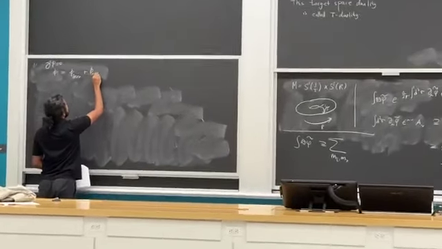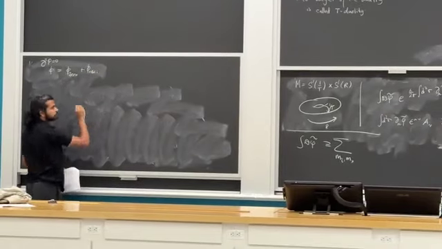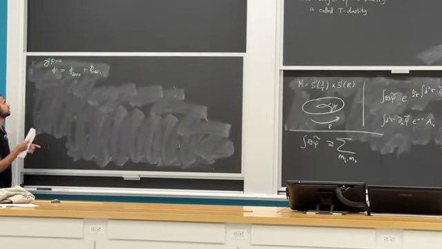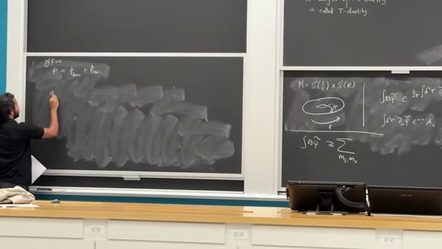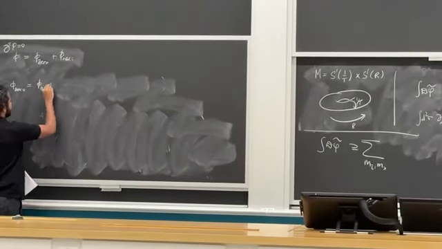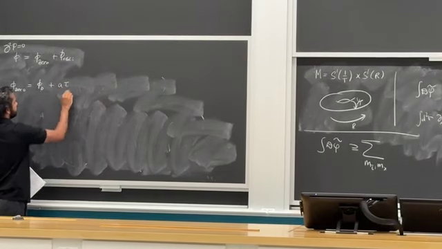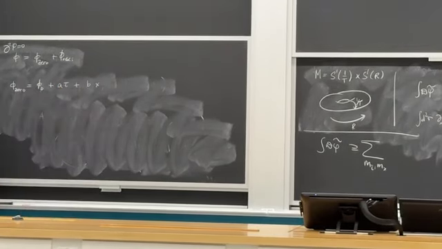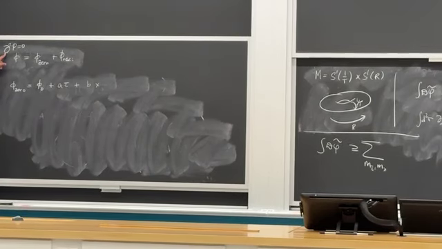The oscillatory part is the standard wave equation solution, and the zero mode is phi 0, a constant, plus at plus bx. That trivially solves this equation.